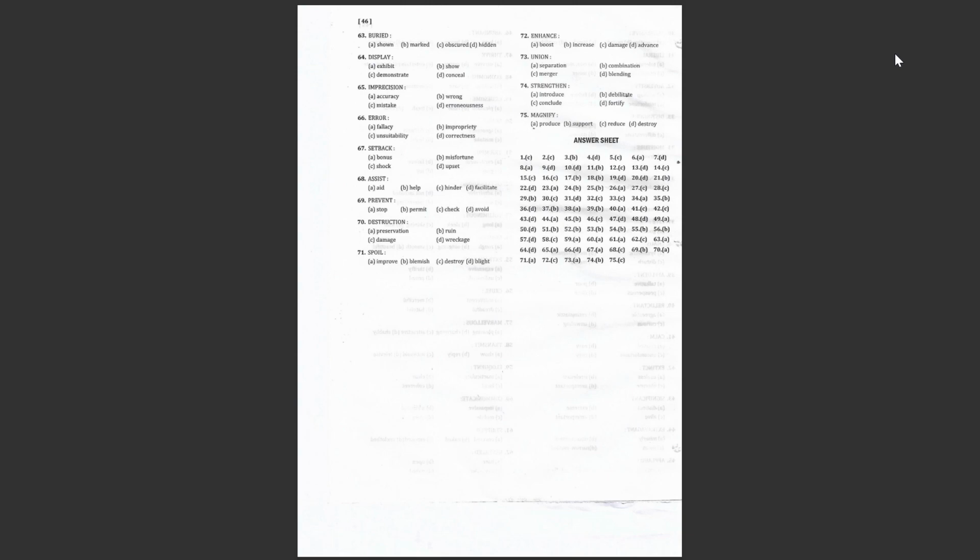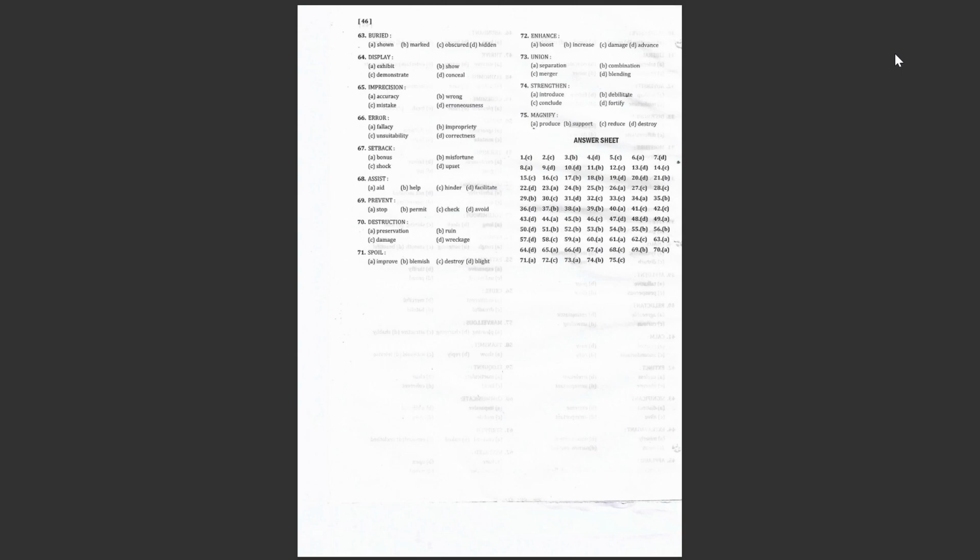And if you add the prefix of im, imprecision, then the meaning of the word becomes something that lacks accuracy. The ability to not be accurate, to not be precise in doing or undertaking the activity is known as imprecision. Accuracy का कम होना, that is imprecision.